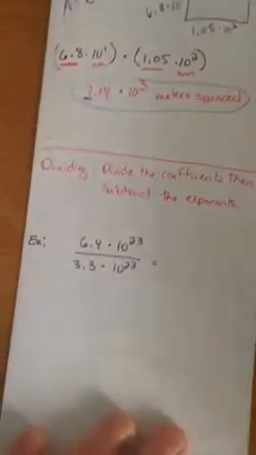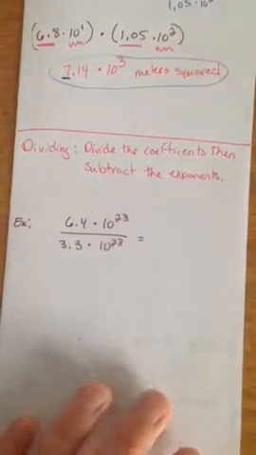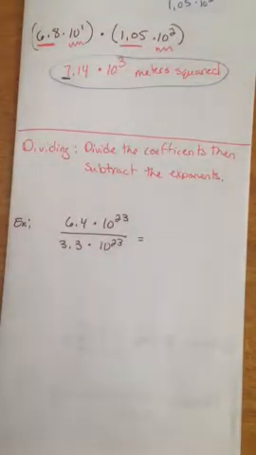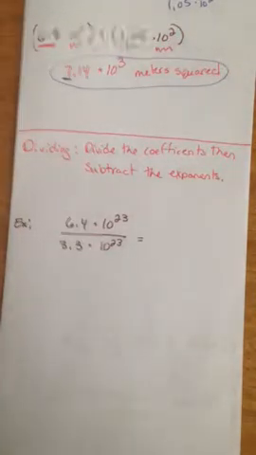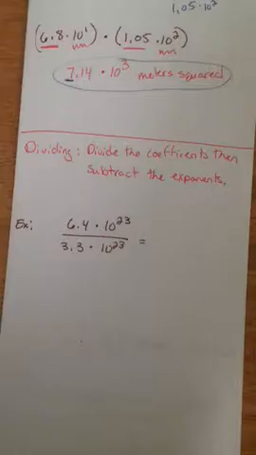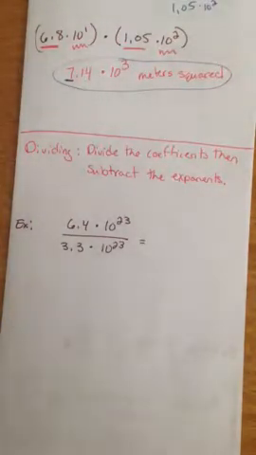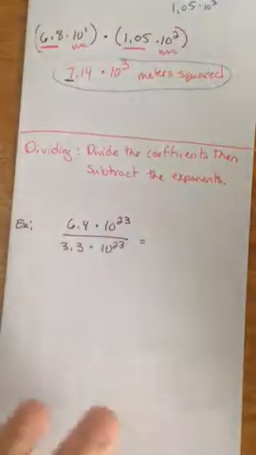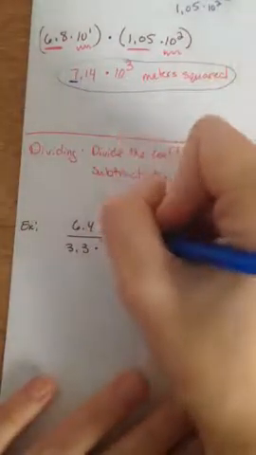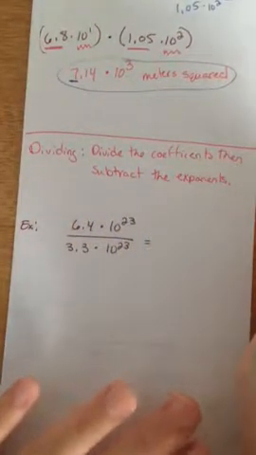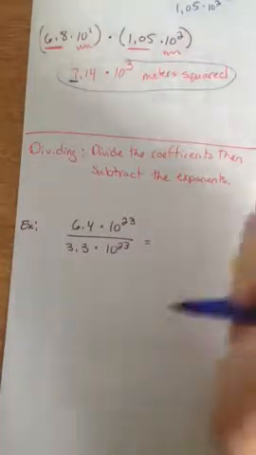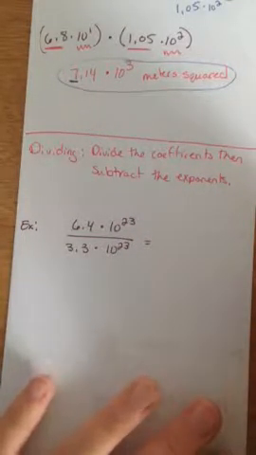We are going to move on to dividing. When you divide, you divide the coefficients and then you subtract the exponents. Okay. So I got that example there. What I'm looking at here is 6.4 times 10 to the 23rd, all divided by 3.3 times 10 to the 23rd.